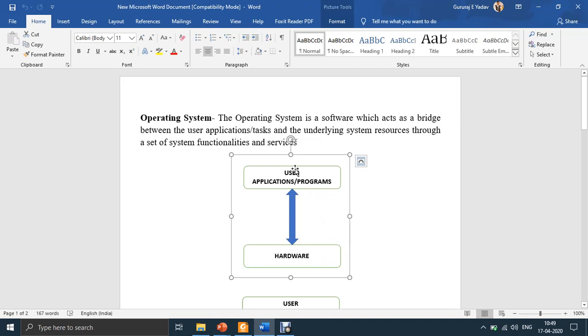Next is user applications or programs. What are they? For example, to open a Word document, I'm using Microsoft Word. This is a user application or a program that you are using in a system.